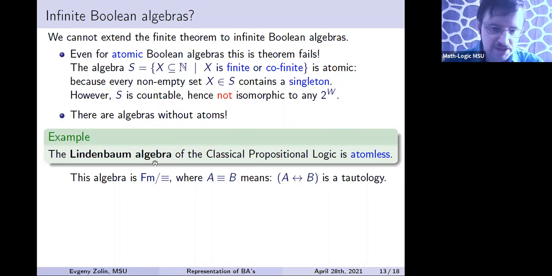So let us recall what a Lindenbaum algebra is. We take the set of all formulas of propositional logic built up from variables using conjunction, disjunction, negation, implication, equivalence, and so on. And we introduce the equivalence on them. Two formulas are equivalent if their equivalence is a tautology. Now we consider the quotient set. It consists of equivalence classes.